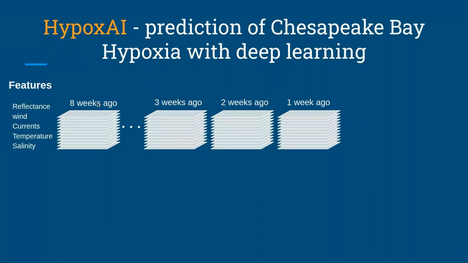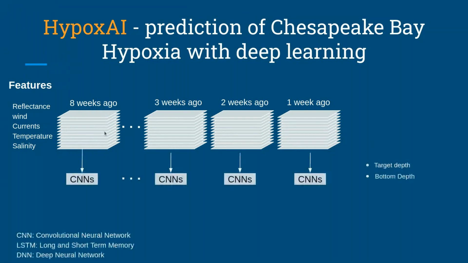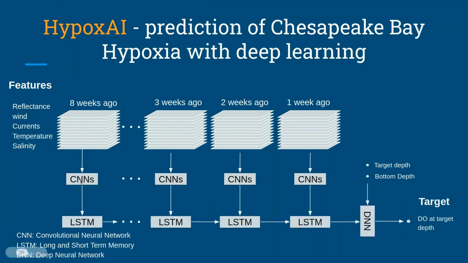We have a time series of data up to 8 weeks before each dissolved oxygen measurement. We digest each time data cube with a whole bunch of convolutional neural networks, then feed the output of these CNNs to a sequence model, and then make a prediction of dissolved oxygen.